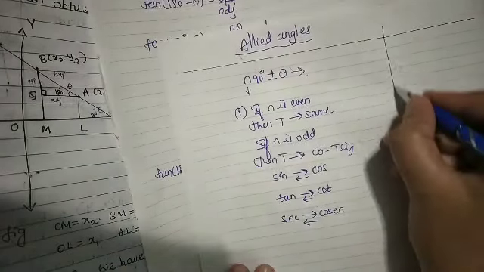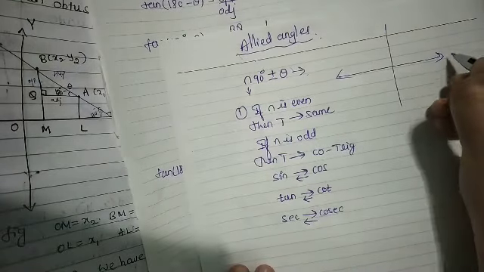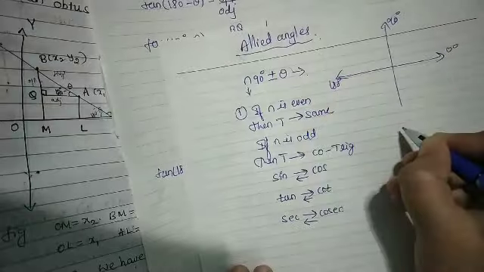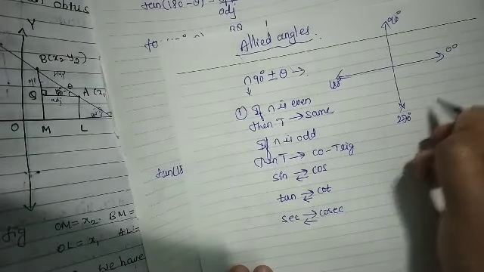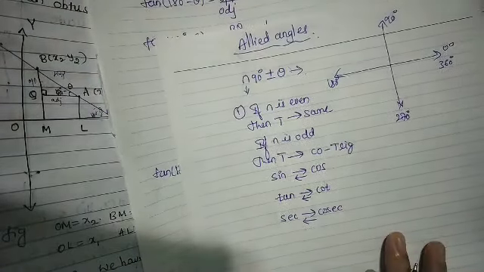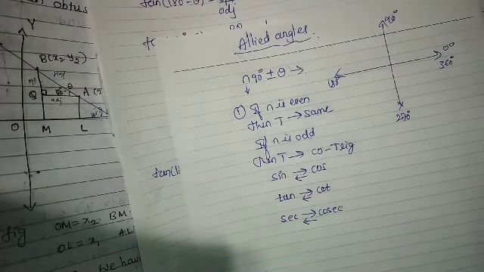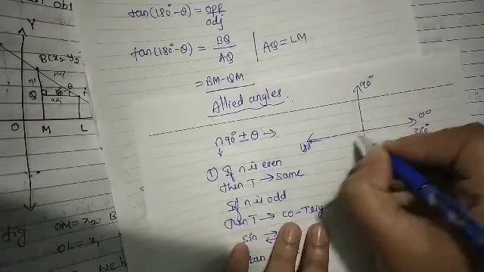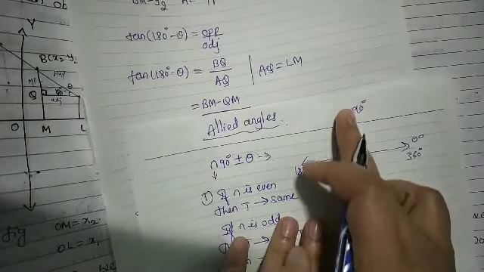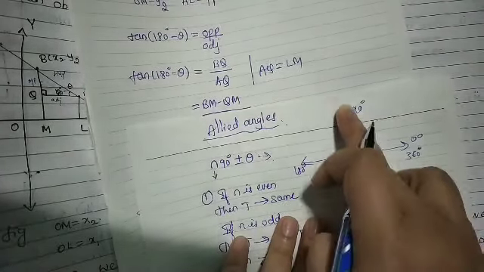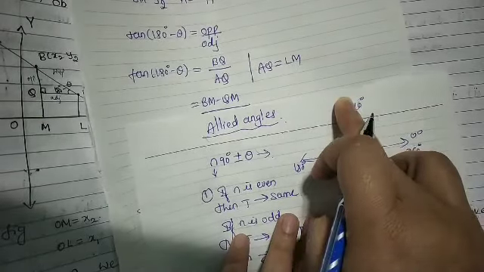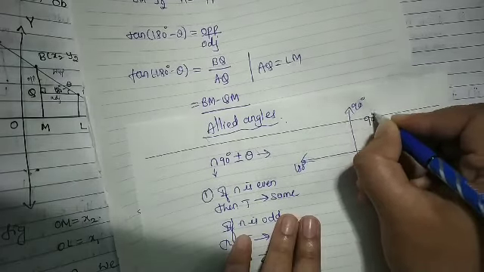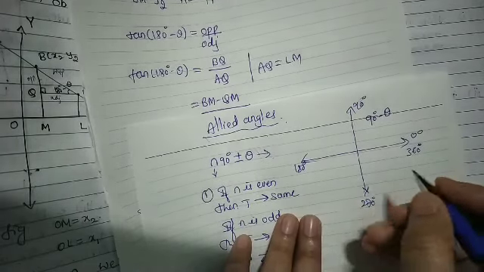So which are the quadrant angles? 0 degree, 90 degree, 180 degree, 270 degree, and 360 degree. Up to 90 degree, that represents the axis. 90 degree lies on the axis. Below 90 degree means 90 minus theta.